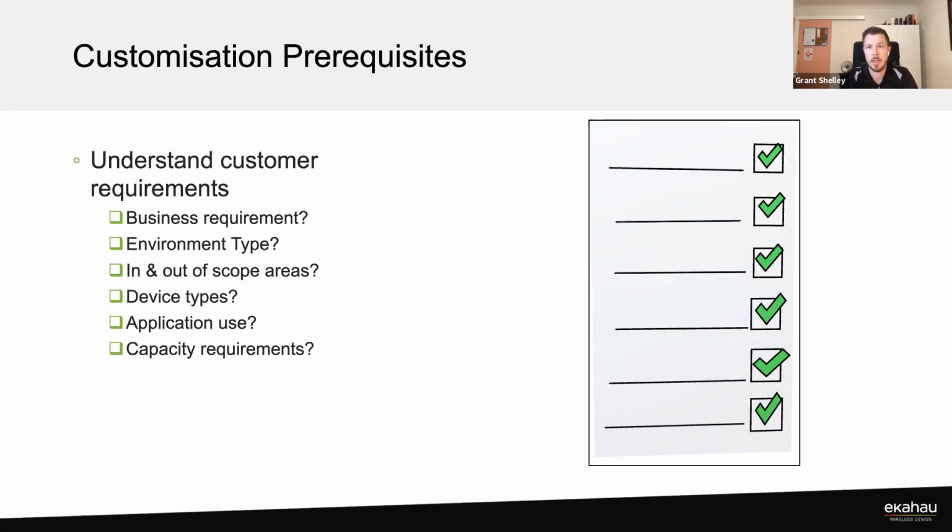But if we're in a stadium environment where we're having sporting events or concert events, there might be a higher requirement for concurrent device usage, because people are trying to use social media to take photos and videos and upload them, download them, stream and do all that sort of stuff as well.